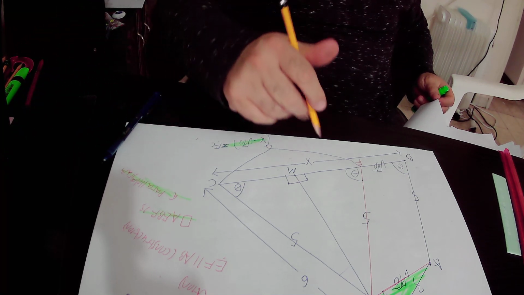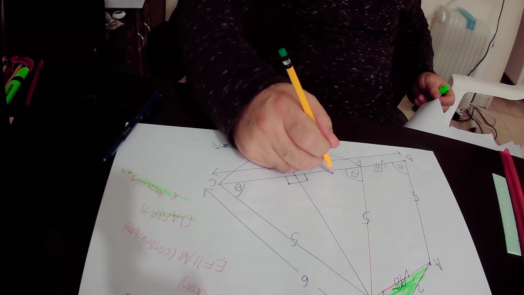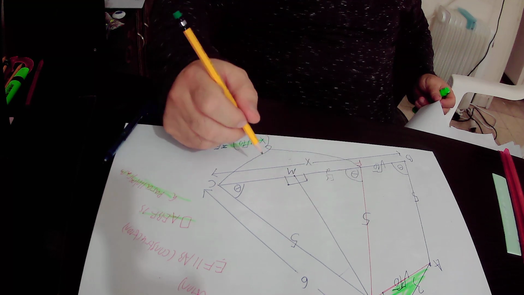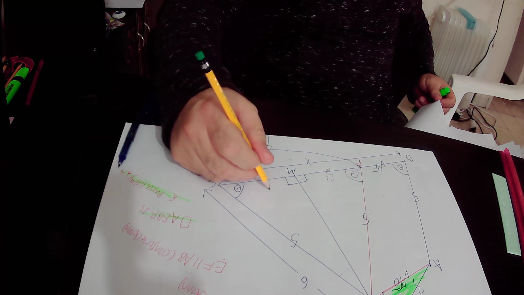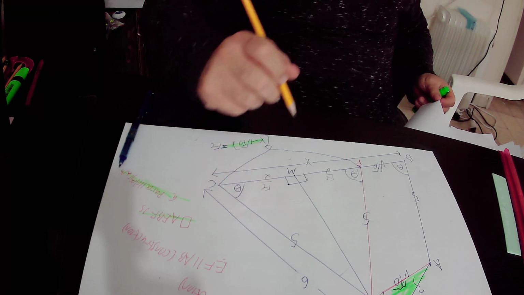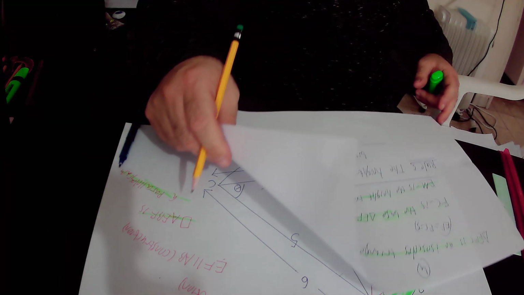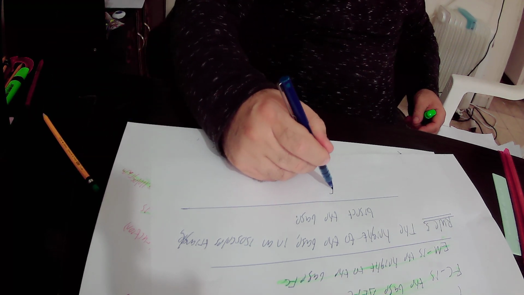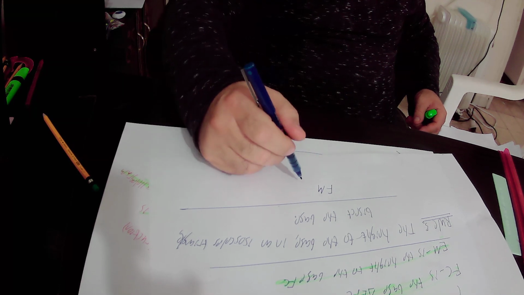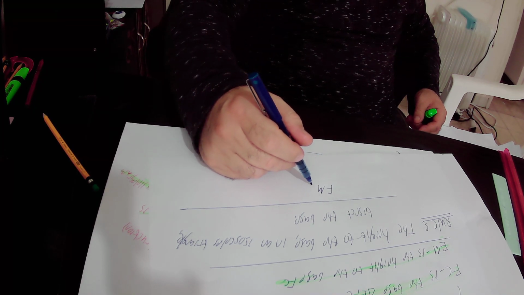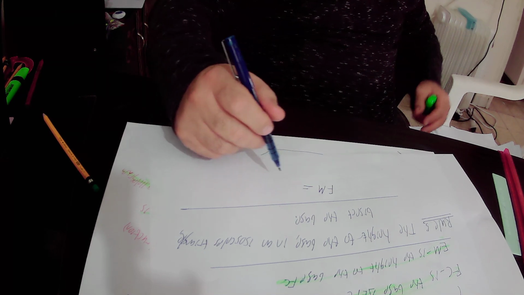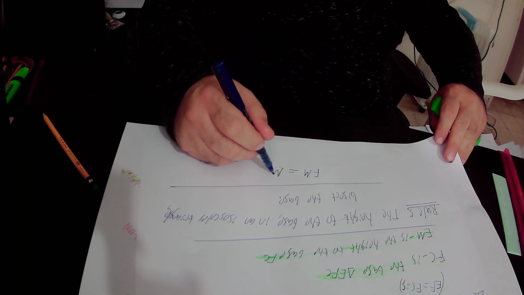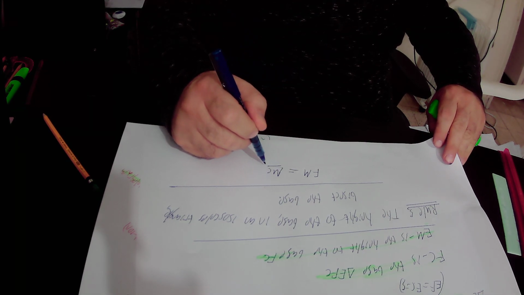So the first part, FM, will be FC over 2, and the second part, MC, will be also FC over 2 according to rule number 5. So FM equals FC over 2, and MC is also equal to FC over 2.